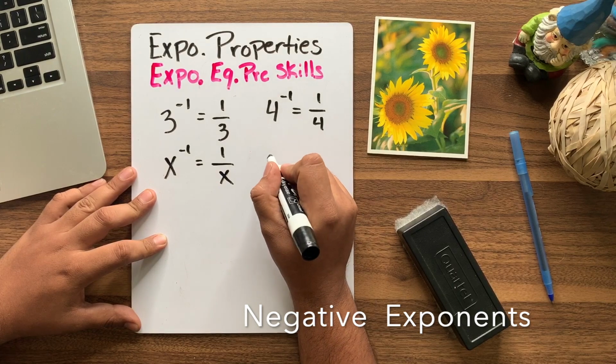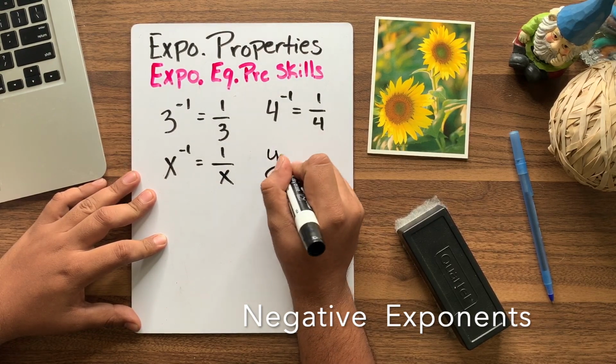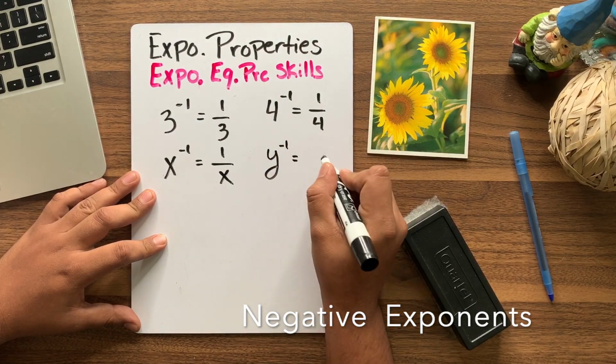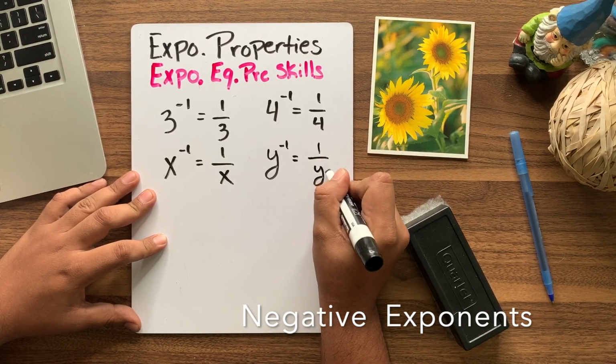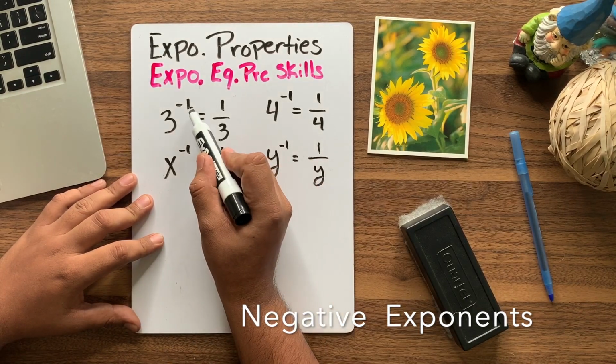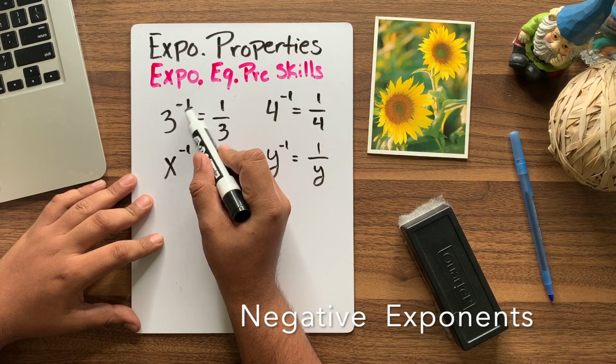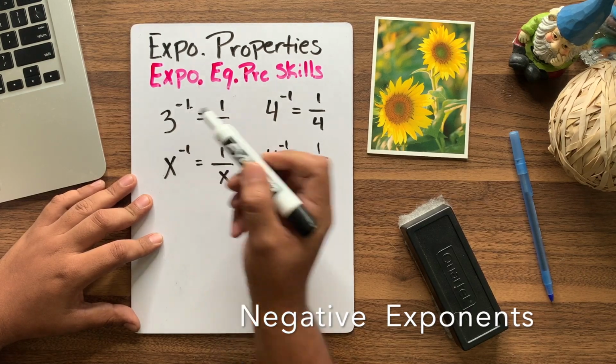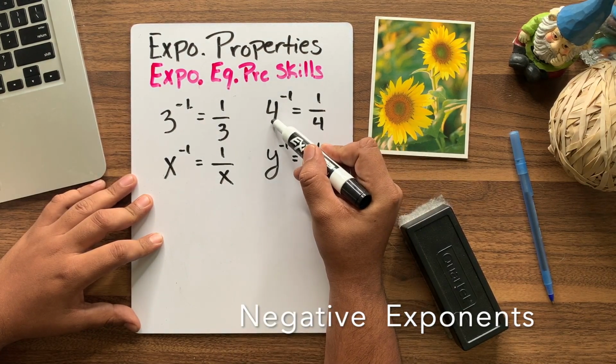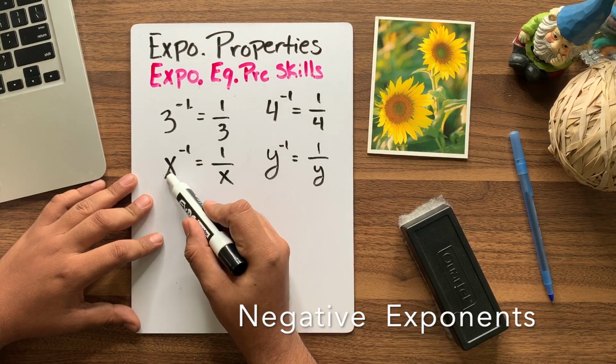And if you have y to the power of negative 1, that's 1/y. See, the negative 1 really represents a fraction, so this is not really 3, this is 1/3. The negative 1 is telling you that this base of 4 is actually 1/4, and likewise here.